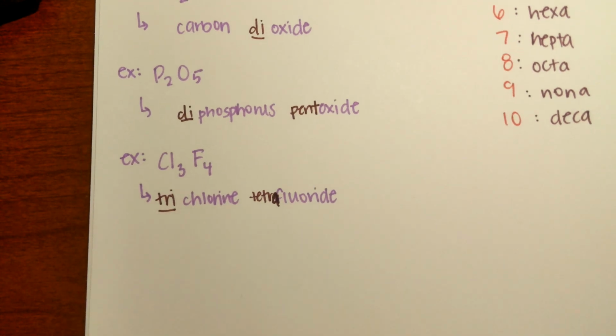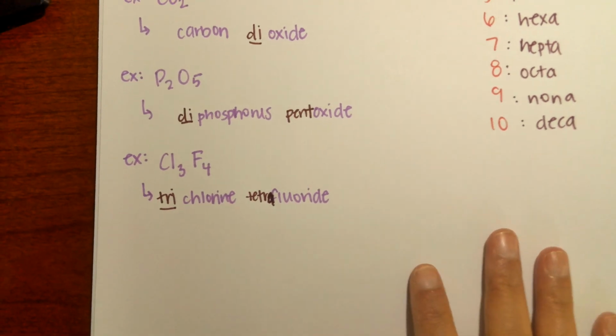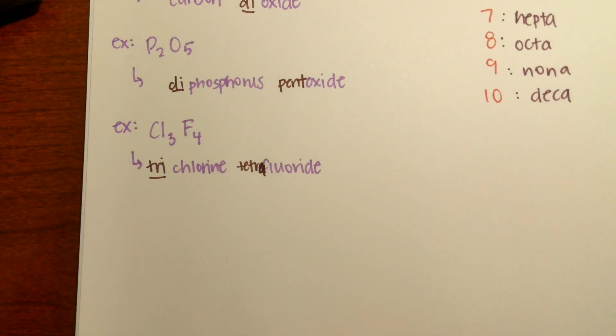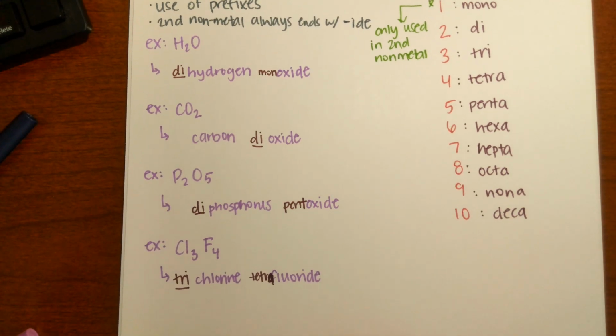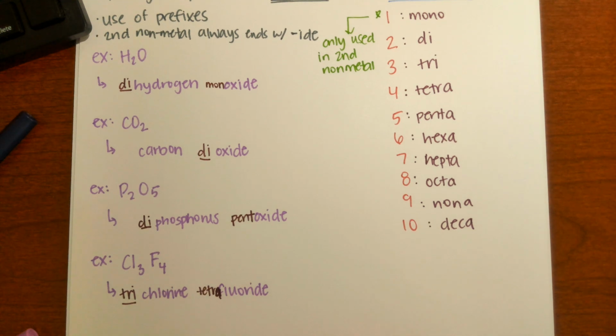Okay, I'm going to give you 2 more examples to try by yourself. Pause the video, and then unpause to check your work. Make sure you have the prefixes on the side here.